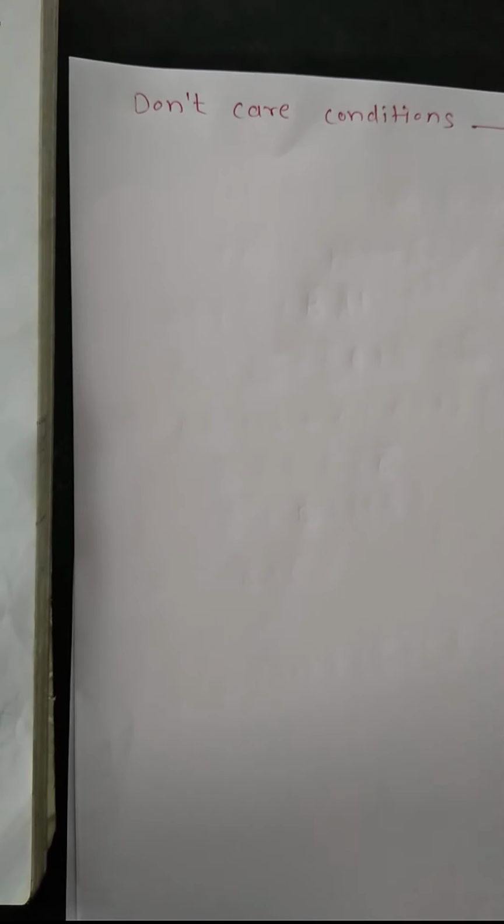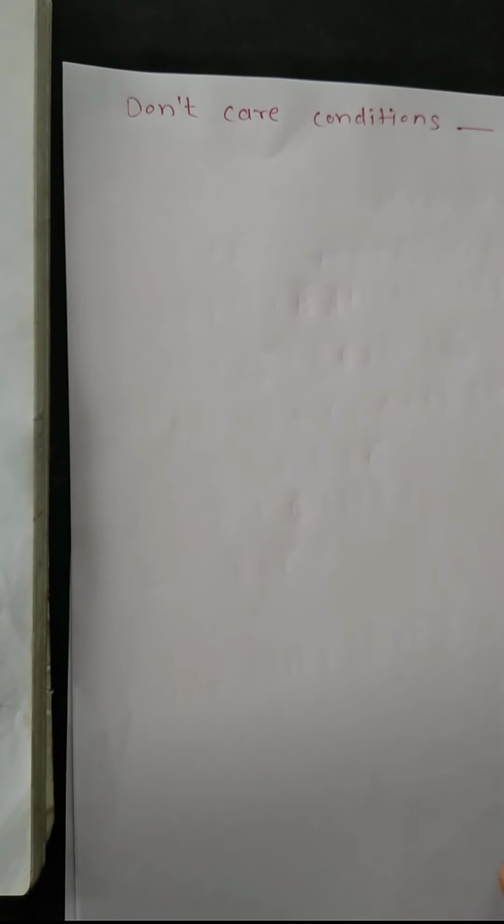The important point is that the don't care condition may be assumed to be 0 or 1 as per the need of simplification. That means for some functions, the output for certain combinations of input variables does not matter, whether the value is 0 or 1.